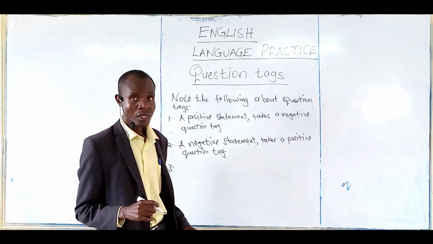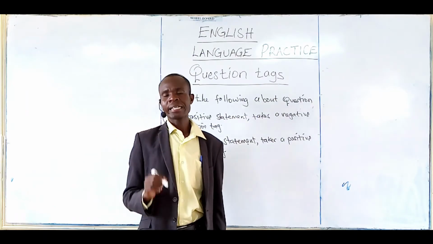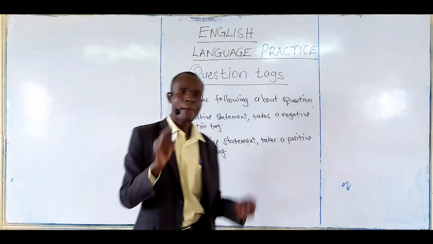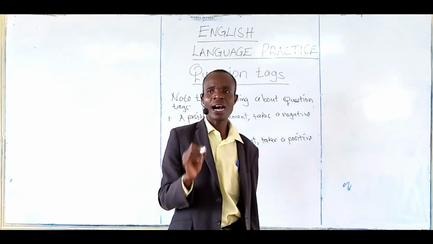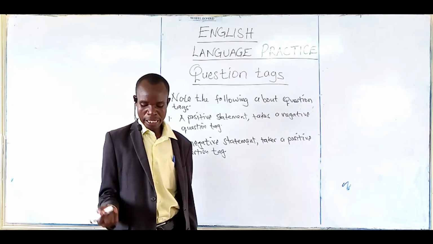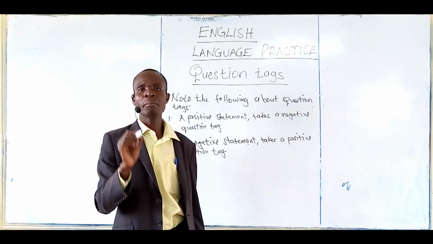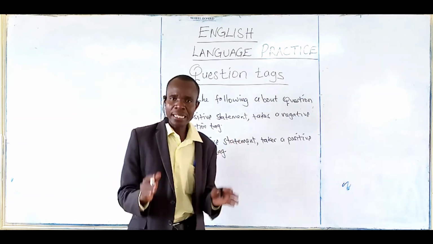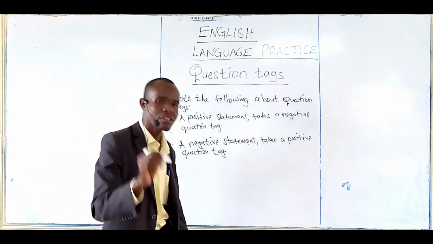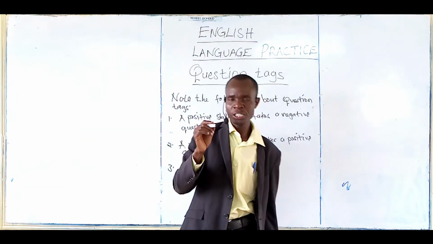Point number 4 to note. If the main part of a sentence does not have an auxiliary verb, then learners, we are required to introduce the correct form of the verb "do".